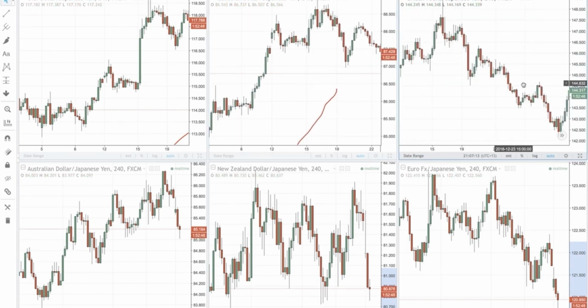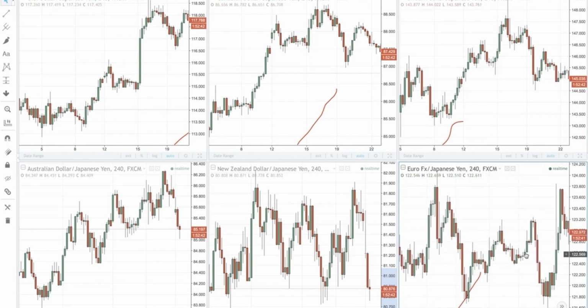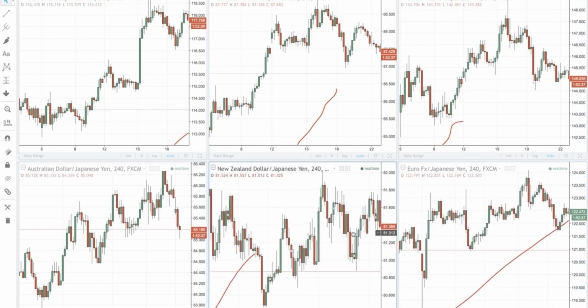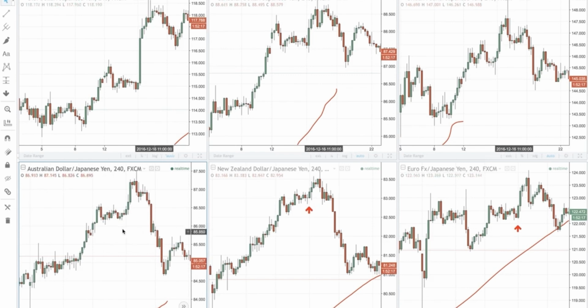I'm going to mark December 15th on each chart, right there, so that it's clear for everybody. There it is.